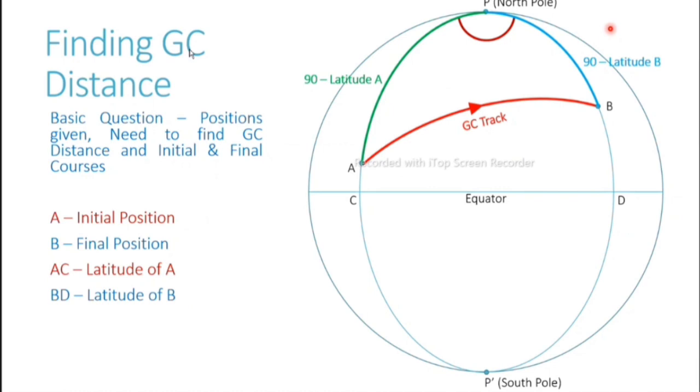So this is the difference of longitude, or the D long, between A and B. Can you say again the definition of D long, please? D long between two places is the angle at the pole contained between the meridians of those two places.